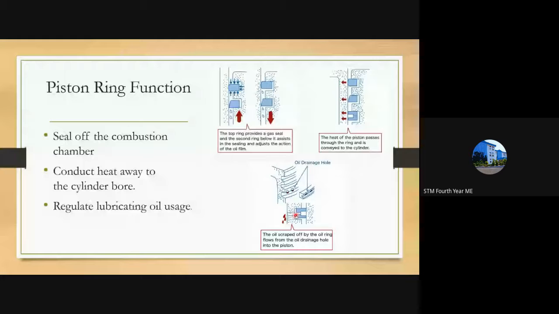The purpose of that is to collect the excess oil and also in turn lubricate the piston. The piston is also a mechanical part with sufficient movement, and due to that movement wear or friction occurs, and to avoid that friction we provide lubricating oil that helps in the smooth functioning of the piston.